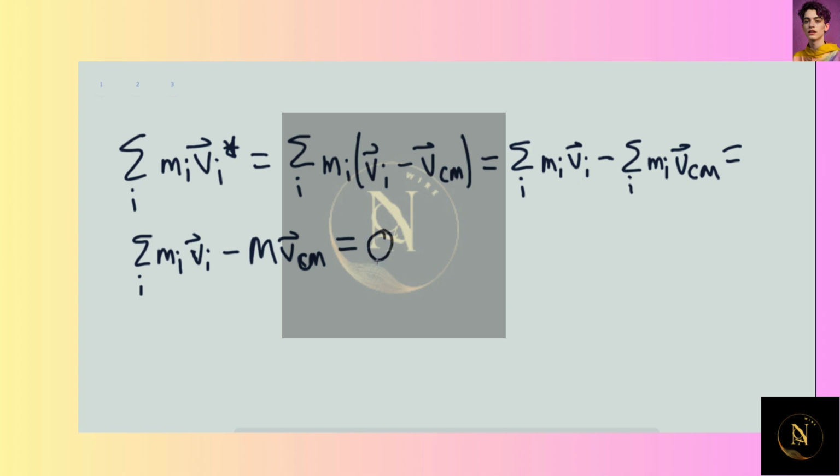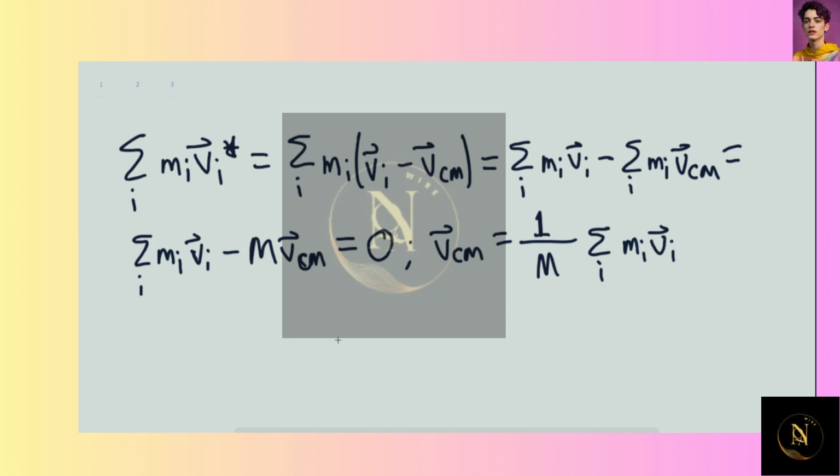This is true from the definition of the center of mass velocity, where the velocity of the center of mass equals 1 over the total mass times the sum of m sub I v sub I.